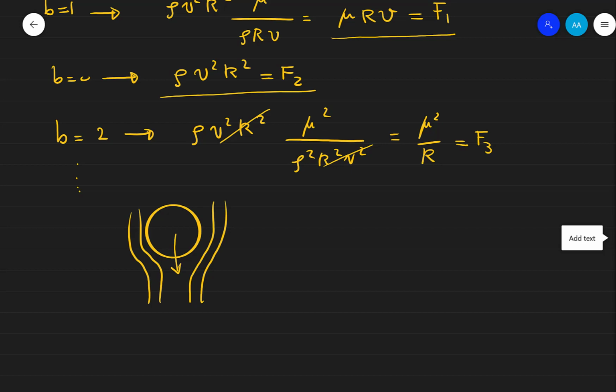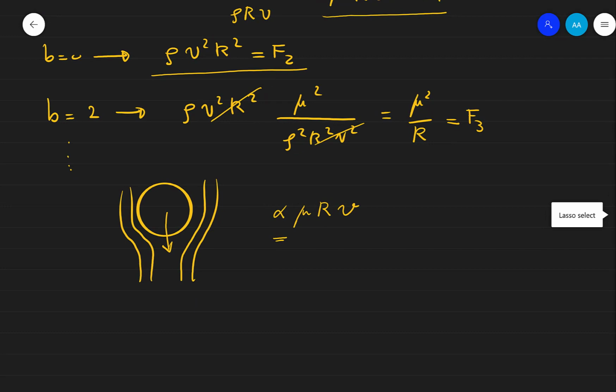In an analytical calculation, it can be shown that the viscous force is proportional to viscosity, characteristic length, and velocity of the particle. The constant which appears here depends on the shape of the object.